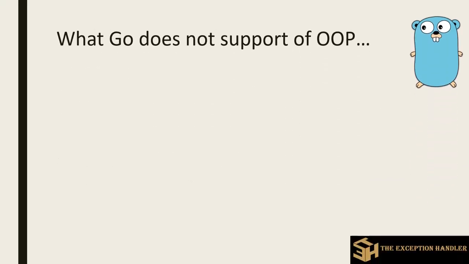Now, coming to the point where we need to understand what are the features of OOPS that are not supported by Go. The first very important feature that is not supported is inheritance. Inheritance is a feature where you can inherit from a parent class. For example, I have a class called animal and it has functions called name and speak.